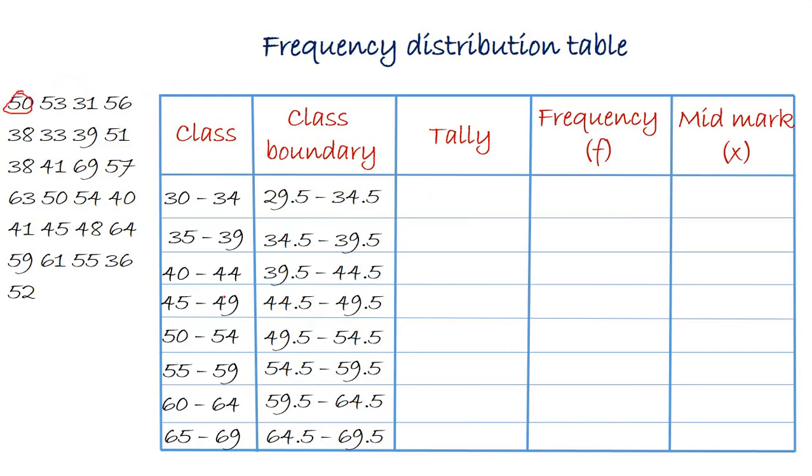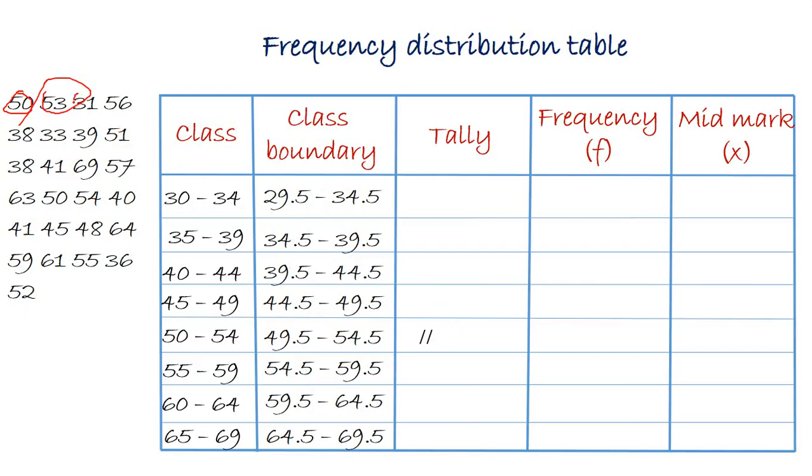So I look for the class where the 50 falls, and that falls within 50 to 54. So I'm going to put a tally here. Then the next is 54. So I'm going to cancel it out and then come and tally it here, still in the class of 50 to 54.